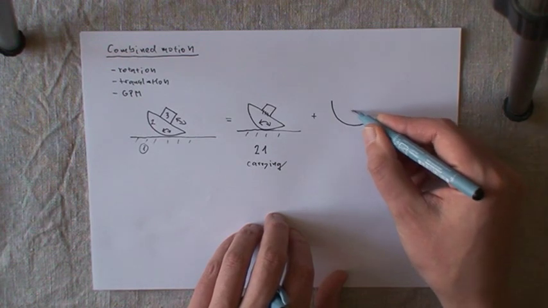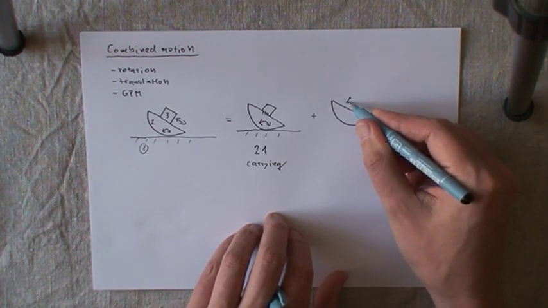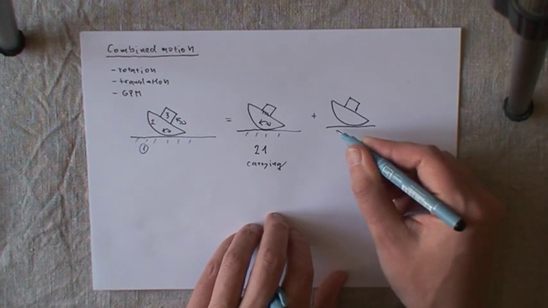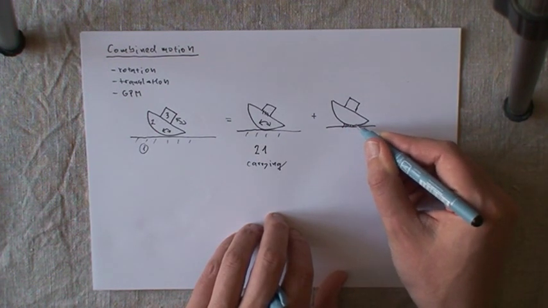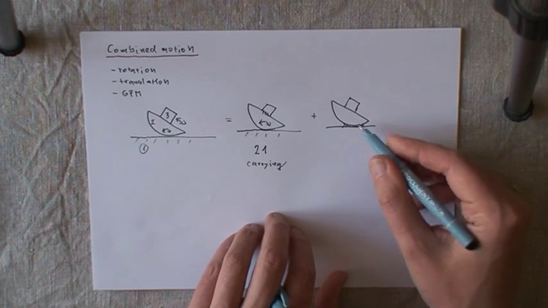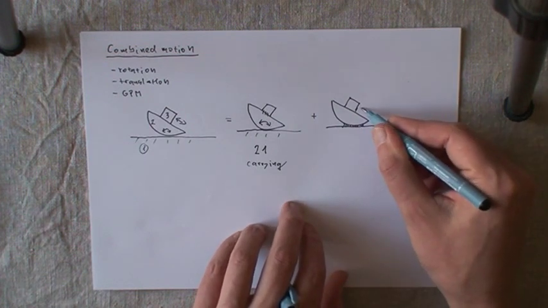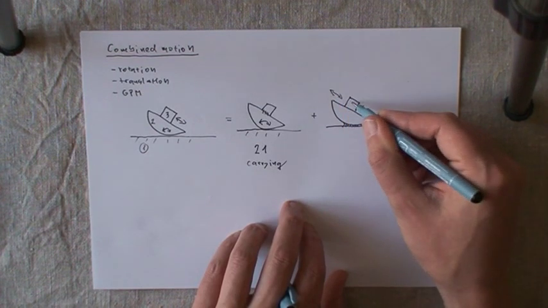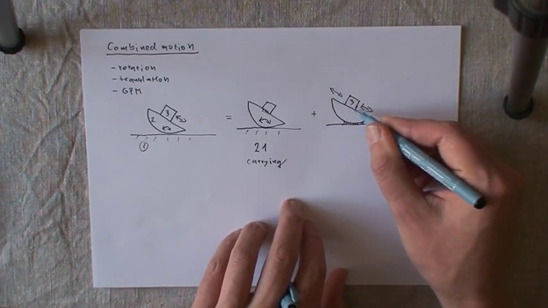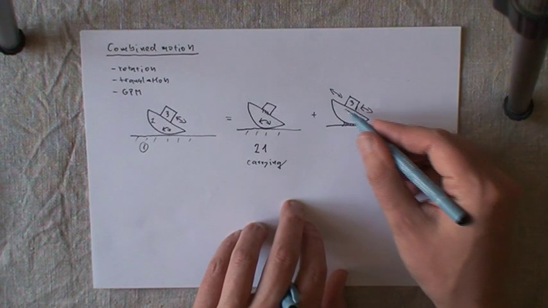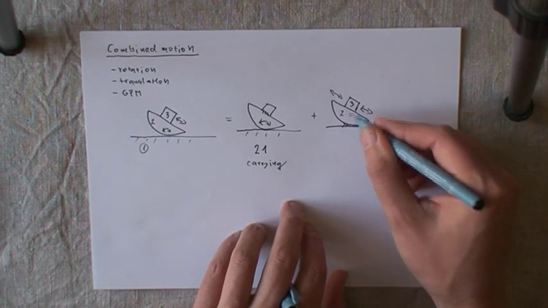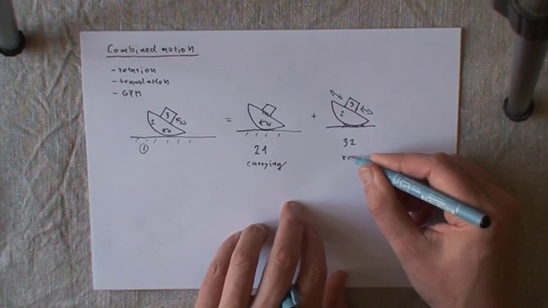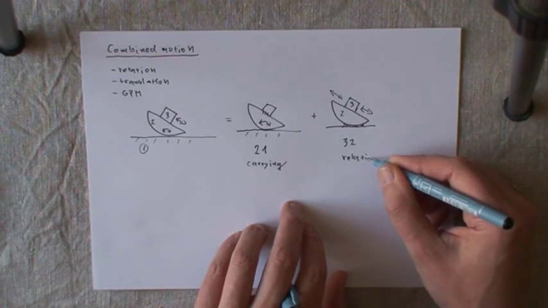And the second motion is the relative motion. So we will disable the carrying motion, and all we will leave here will be the motion of body number 3 with respect to its neighbor, to body number 2. So this is the motion 3-2, and it's called the relative motion.